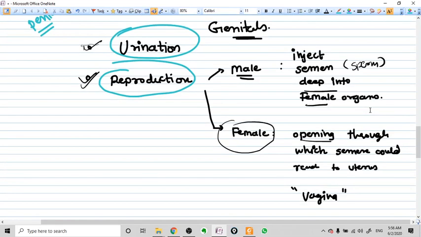So the female should have a cavity through which the sperm can pass and go to the uterus.